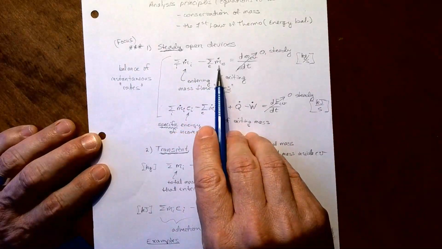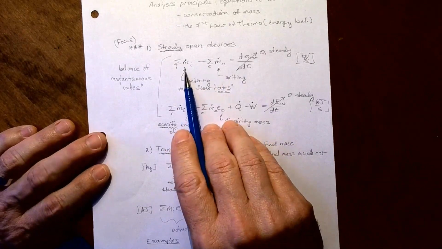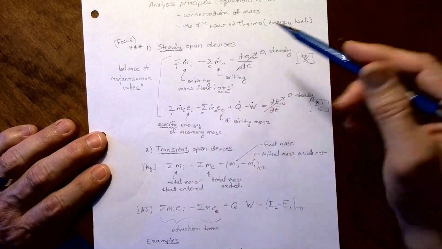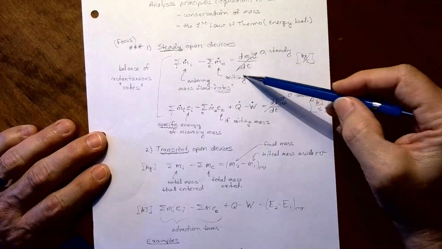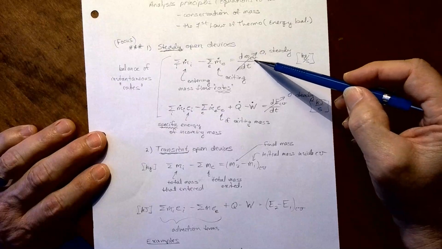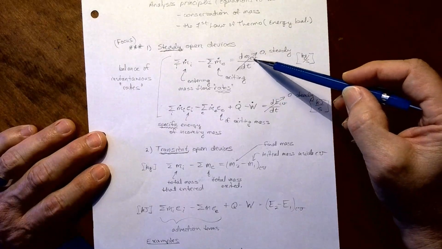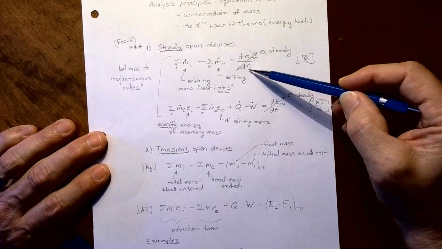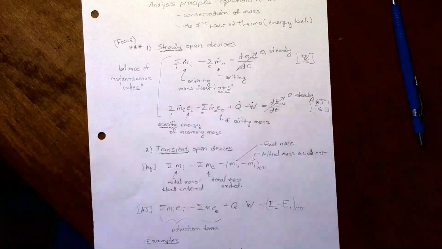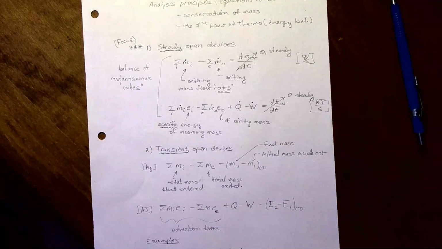We have to add all those up. So the rate at which mass comes in minus the rate at which mass goes out has to equal the rate at which mass is left behind in the control volume. So that's dm control volume dt. This little CV stands for control volume.